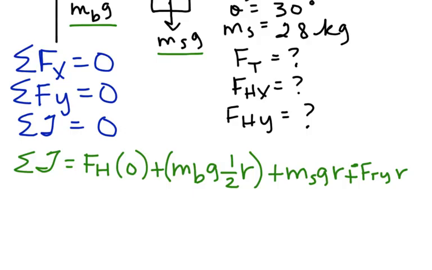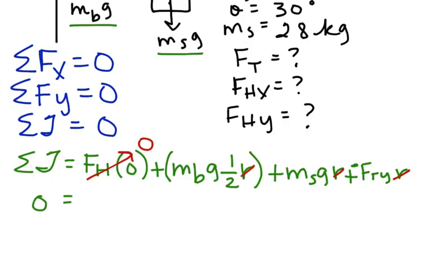Let's simplify this equation. So the net torque acting on this whole beam will be 0. We know that the hinge force times 0 is 0, so we can get rid of that term. We can also divide everything else by r, so all the r's are going to cancel.